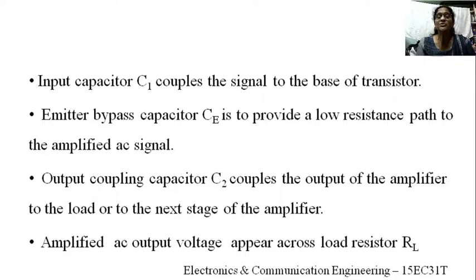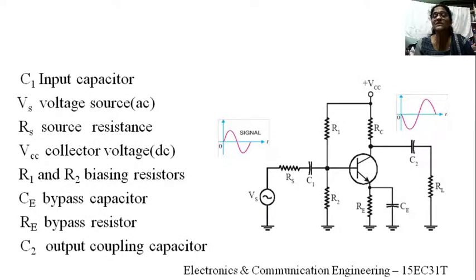Next, the output coupling capacitor C2 couples the output of the amplifier to the load or to the next stage of the amplifier. Whatever the amplified output signal, that will pass through C2 to the RL if you are using a single stage.